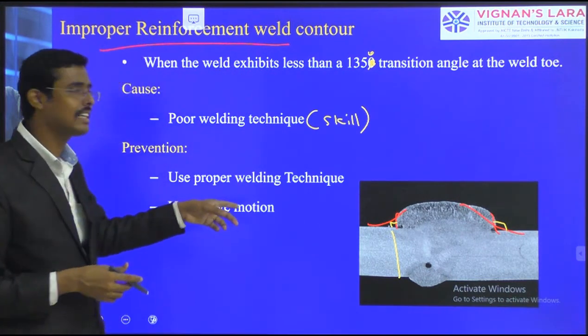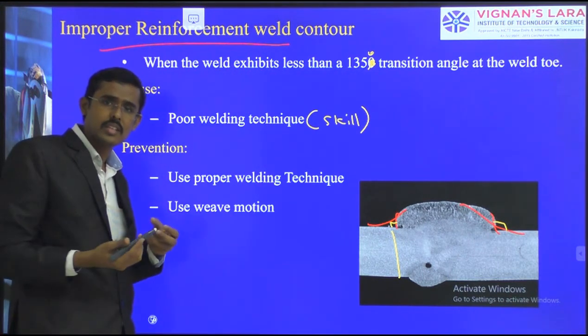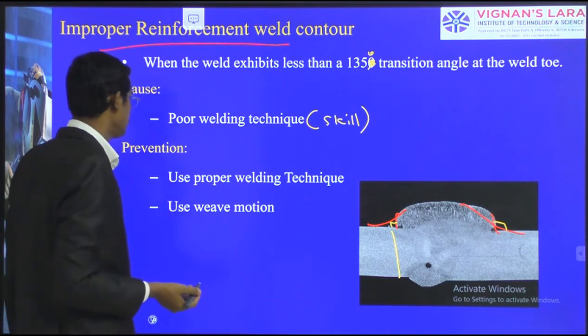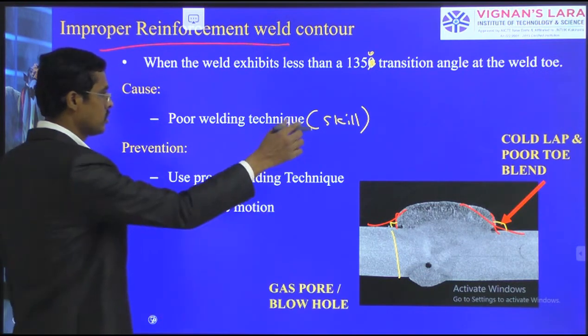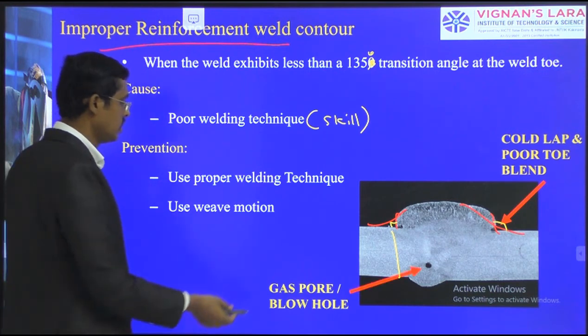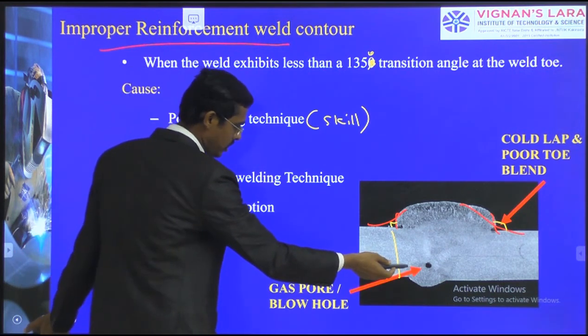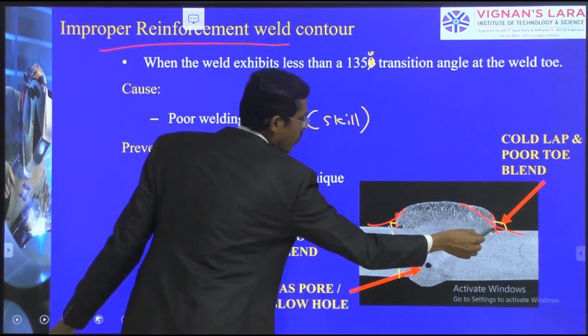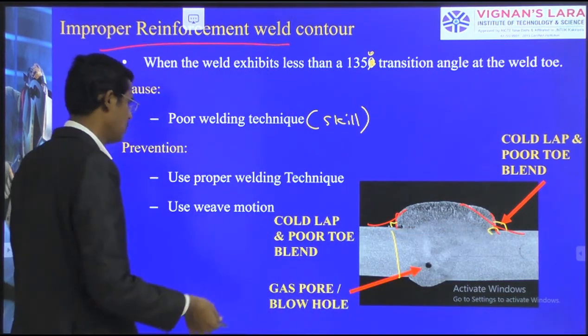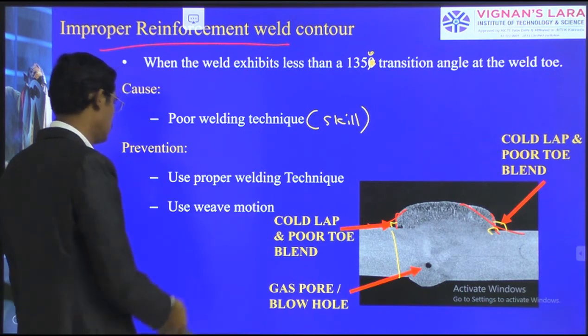So some welding techniques are to be followed here. See, these other defects are marked as gas porosity and cold lap. So here overlap or cold lap, this point is our initiation point.